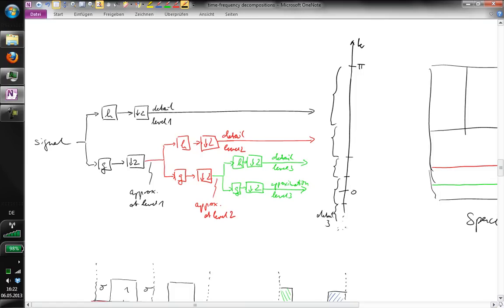All of this is easiest to imagine if we assume that we have perfect high pass and low pass filters. So this corresponds here, this corresponds there. This is the correspondence that I meant to show.